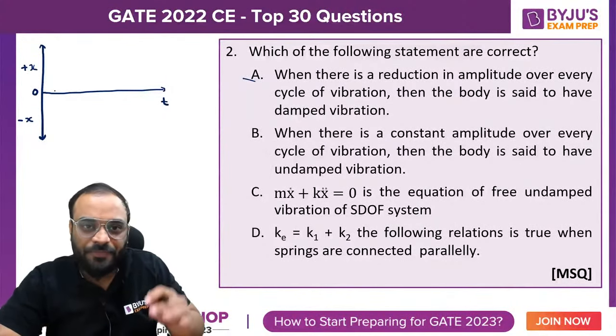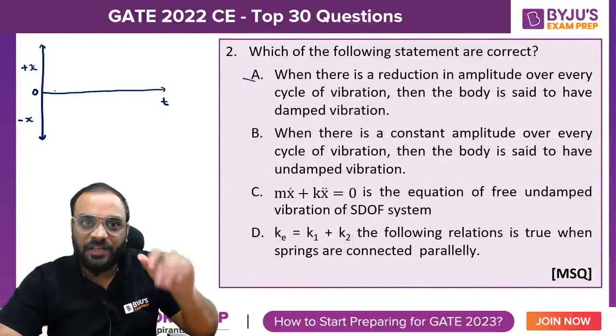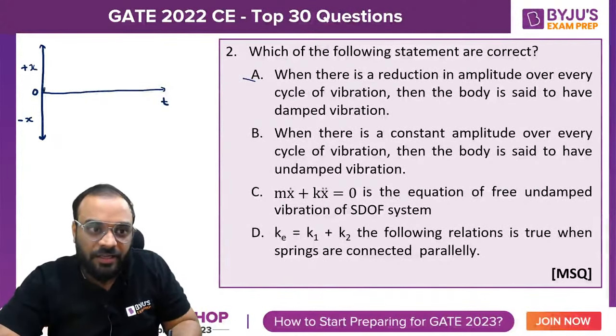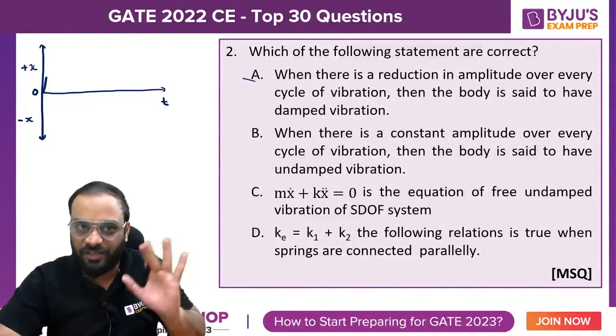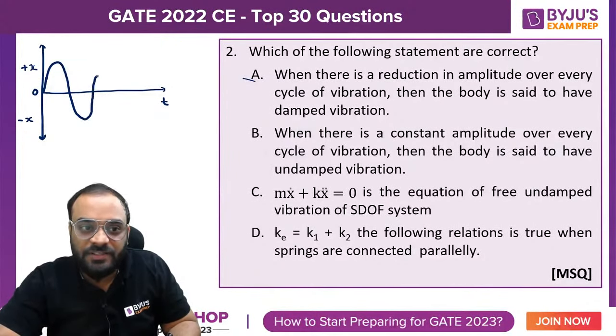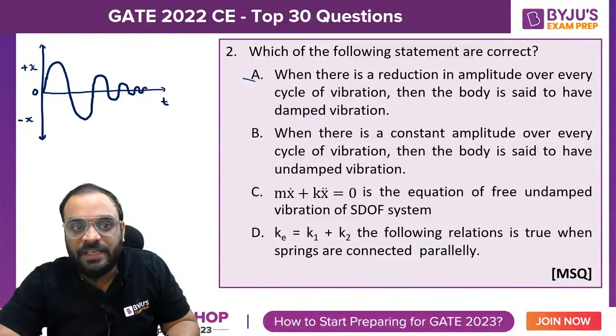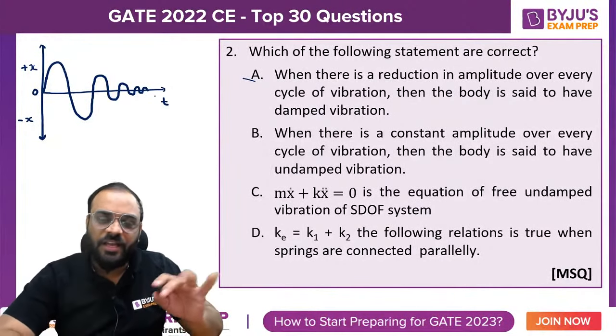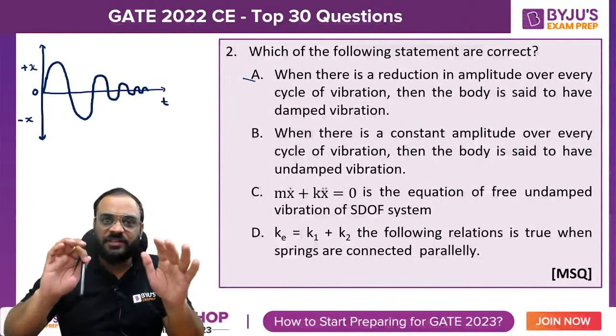So what happens when the vibration is occurring? The amplitude is nothing but the maximum displacement which can occur, right? So this particular amplitude is continuously decreasing in case of damped vibration. Now let me tell you one very basic example. I think all of you have seen a guitar, right?